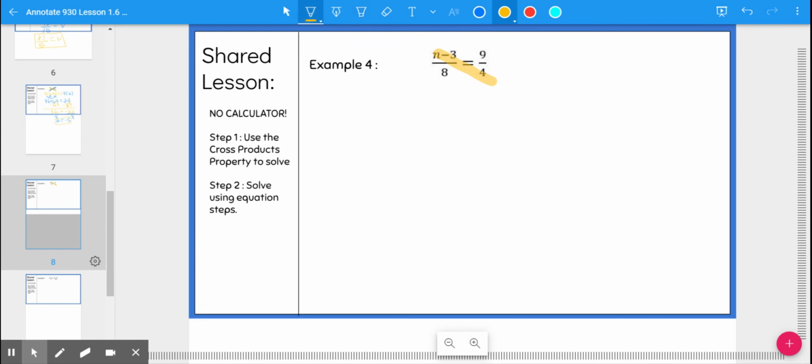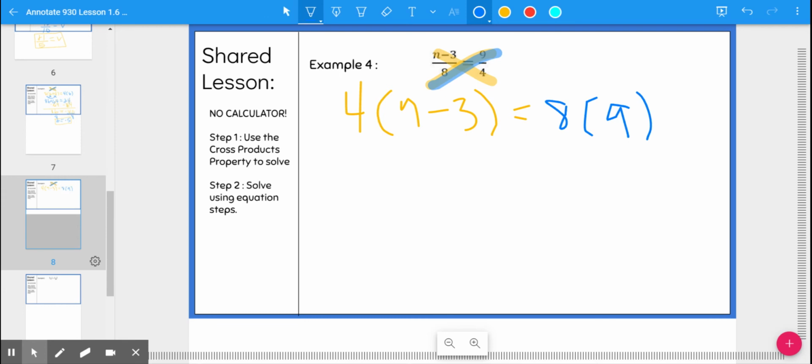And when I write this out again, I want to make sure I have parentheses around that n minus 3, because that tells me I need to distribute, is equal to the product of the extremes, which is 8 times 9. So we have 8 times 9.